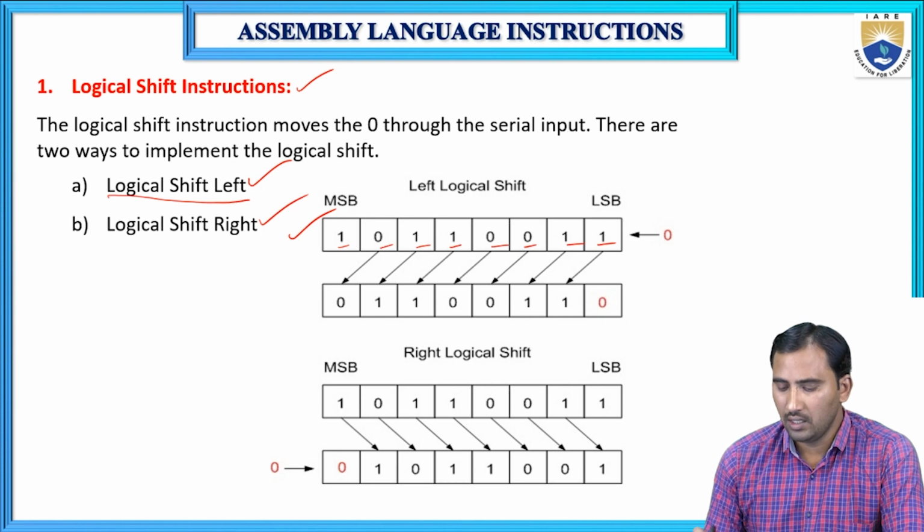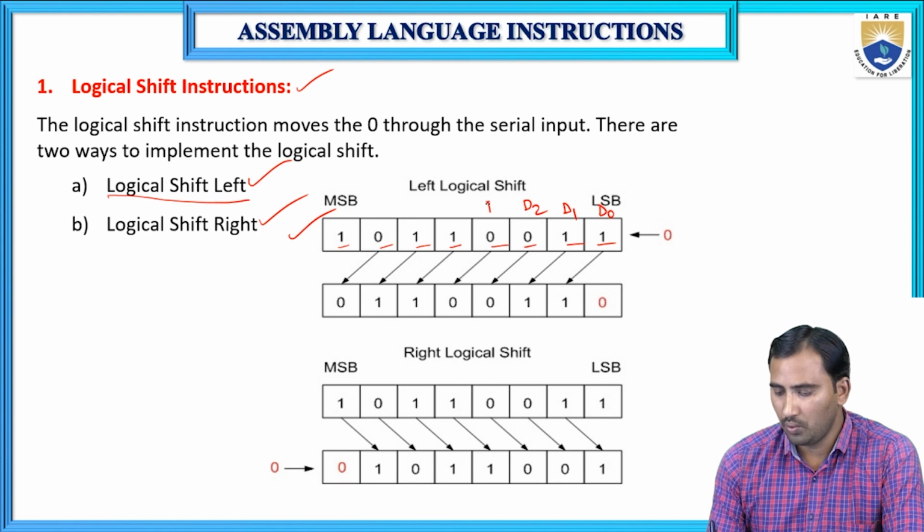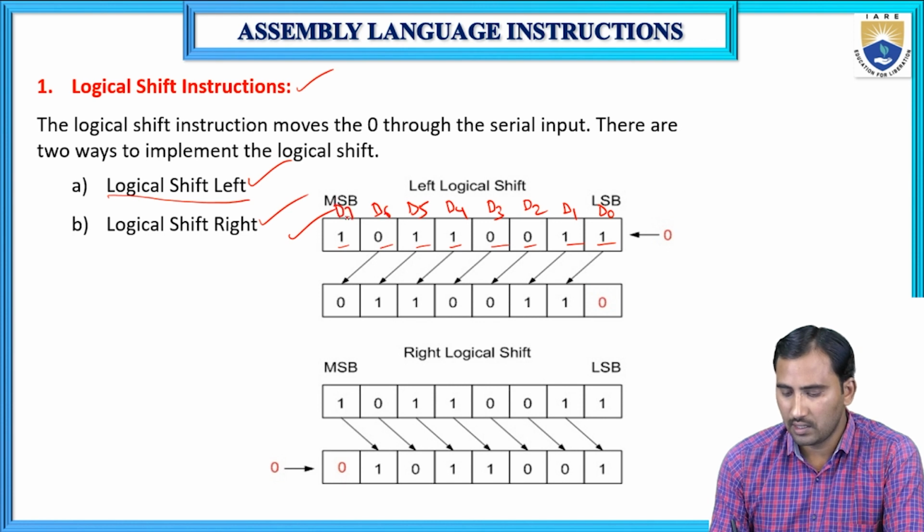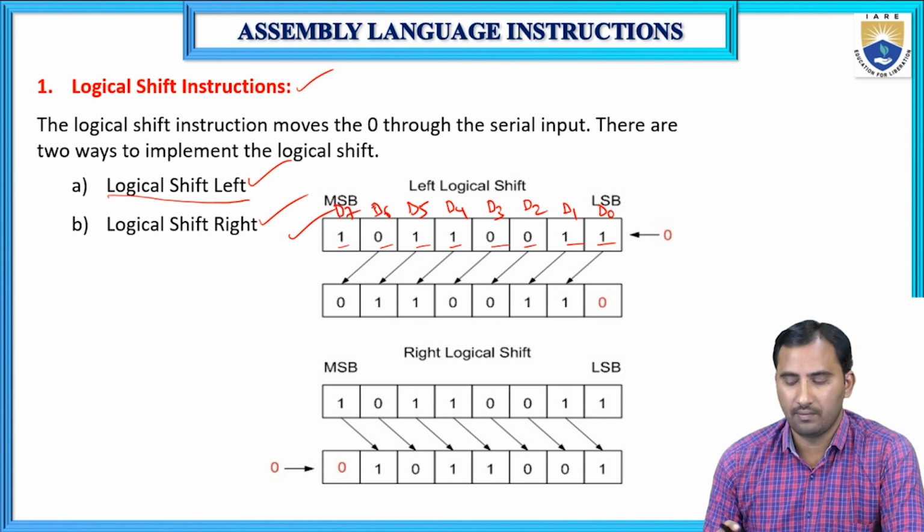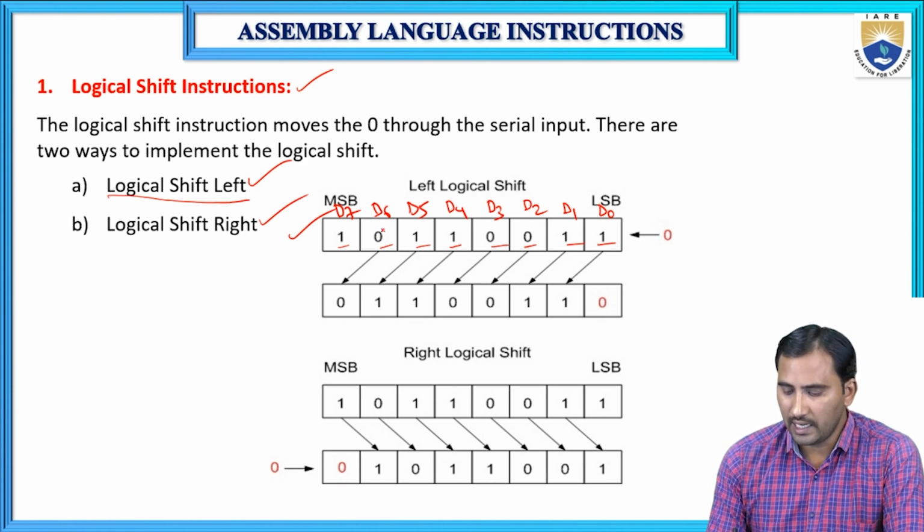Okay. So that means here, if you represent, this is D0, D1, D2, D3, D4, D5, D6, D7. So this is an 8-bit register. So when we are performing logical shift left, the D6 data will be shifted to the D7 position. D5 will be moved to D6. Okay. So D0 position will be moved to D1.